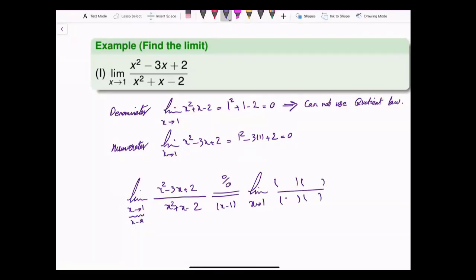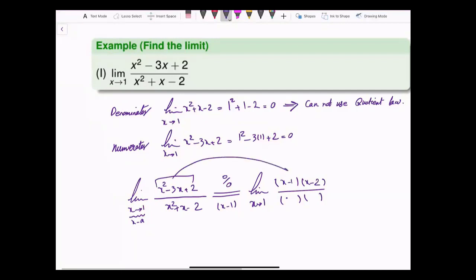In the numerator, you have x minus 1, x minus 2. This is just factoring this guy. And in the denominator, we have x minus 1 and x plus 2. That is factoring the quadratic. So if we factor numerator and denominator, and you see that there's a vanishing factor, you cancel them.